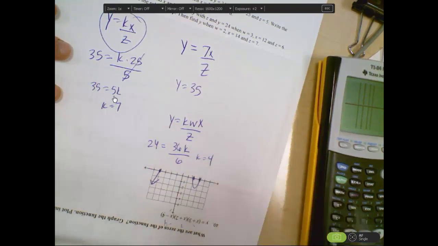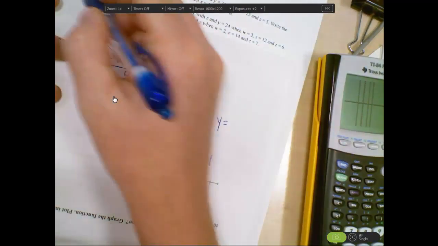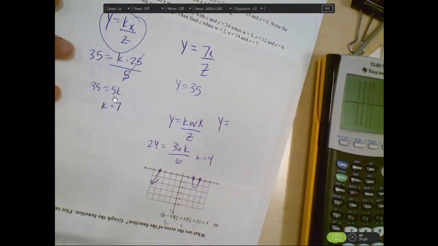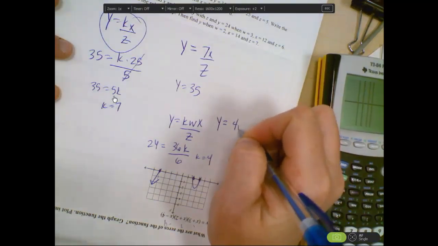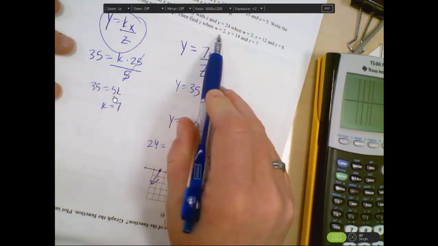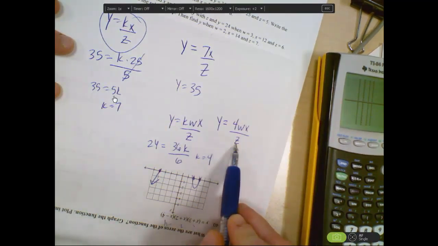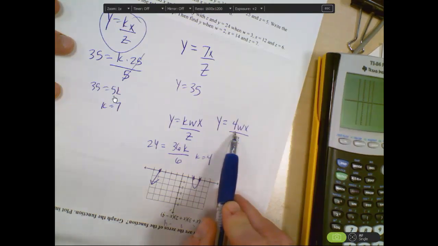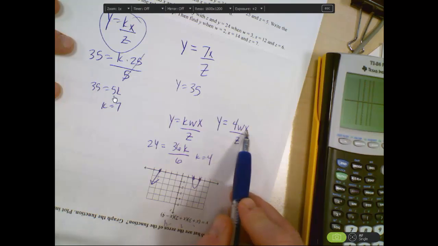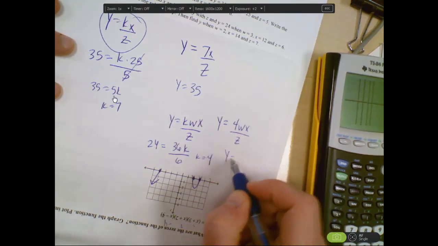You can do the calculations there if you don't believe me, but the bottom line is, if you have to write the equation like it says, you have to do y equals 4 times wx divided by z. Then find y when w is 2, x is 14. 2 times 14 is 28, divided by 7 is 4, 4 times 4 is 16, so y equals 16.